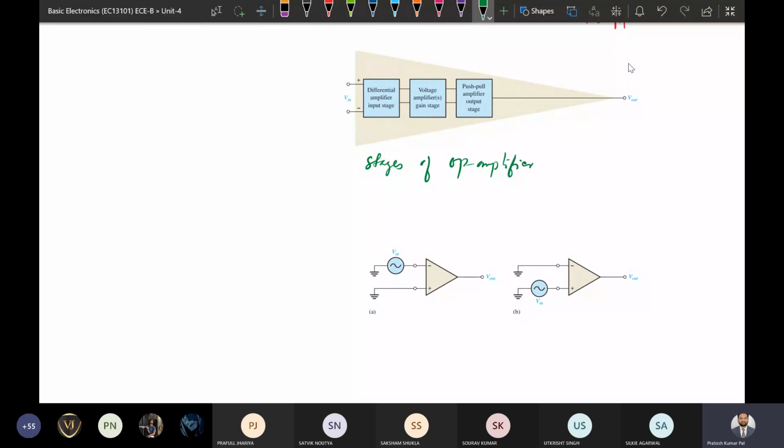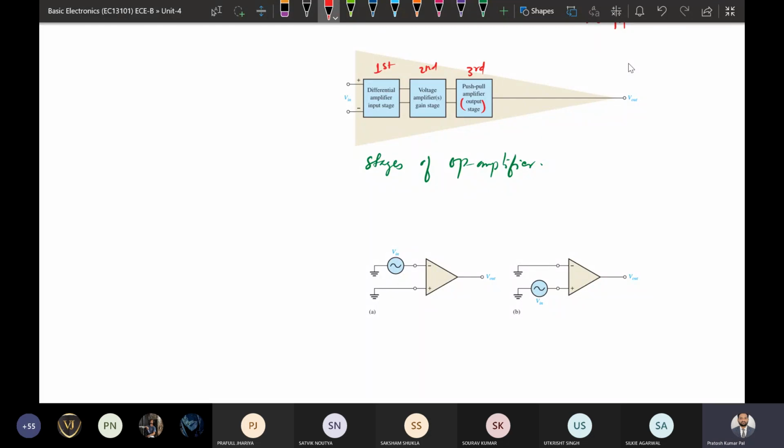The first stage is the differential amplifier input stage. The second stage is the voltage amplifier gain stage. The third stage is called the push-pull amplifier output stage. This output stage is nothing but a push-pull amplifier.